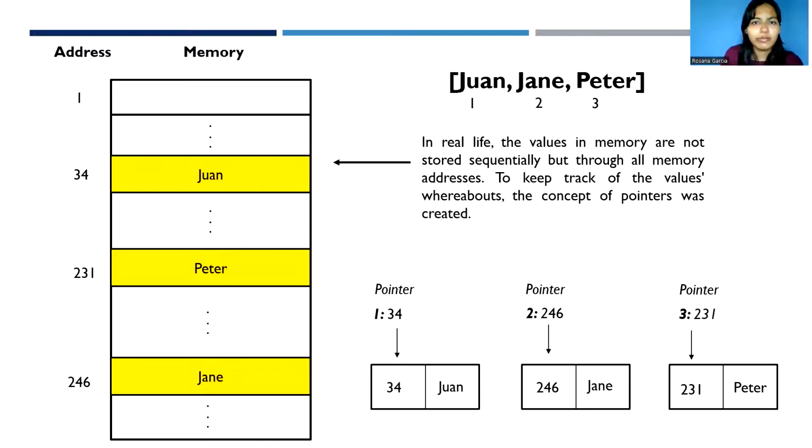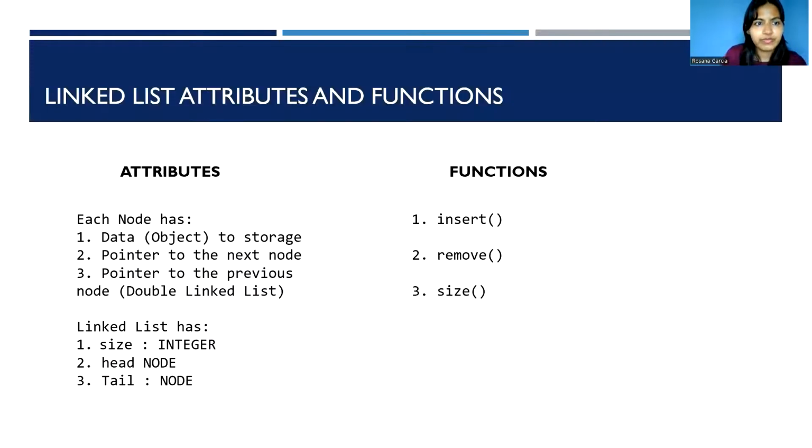You can store as many as you want because it doesn't matter where they are located, you're always going to find them. The attributes for linked lists are the following. Each linked list consists of nodes, so they need to know what the node attributes are. The node attributes are the data that is going to be stored.